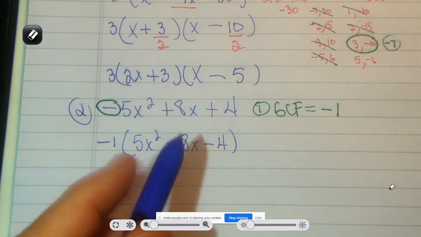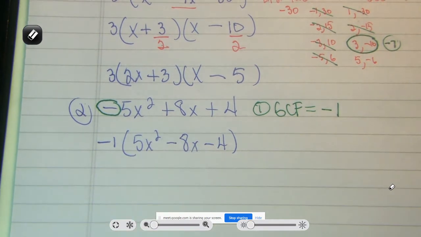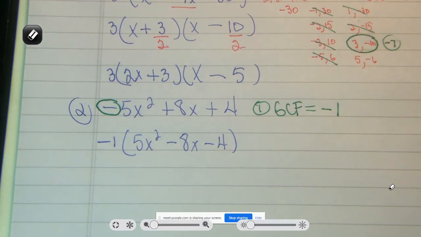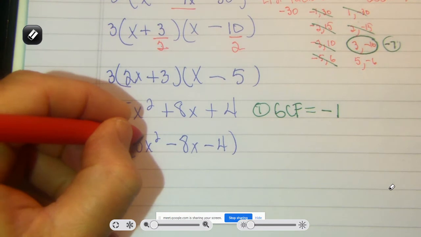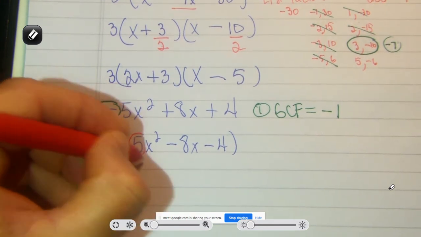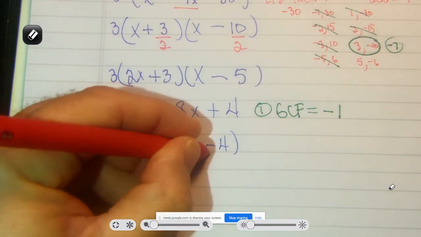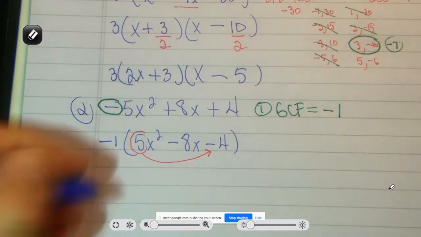Cool. 5, 8, and 4 won't divide by anything. So at this point, I need to do the whole slide and divide thing. Remember what I'm going to do is I'm going to take the 5 and I'm going to multiply it times the last term. So we'll rewrite this way.